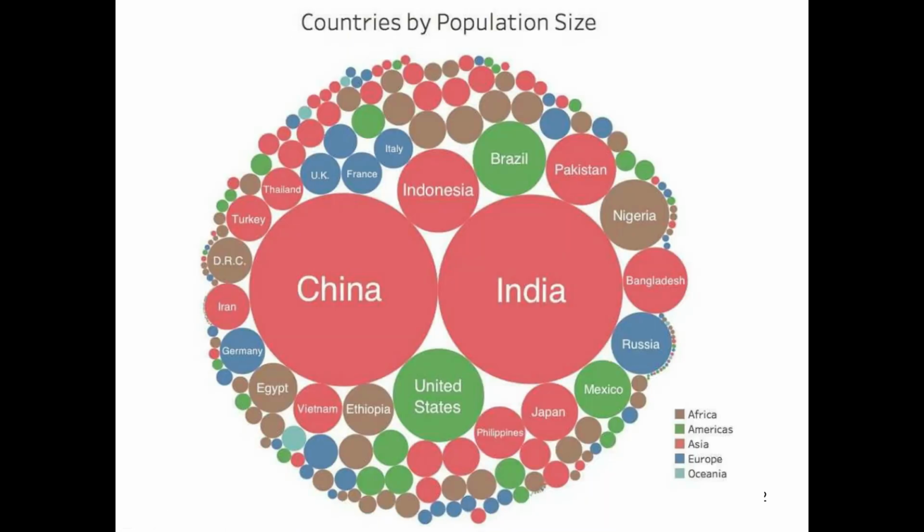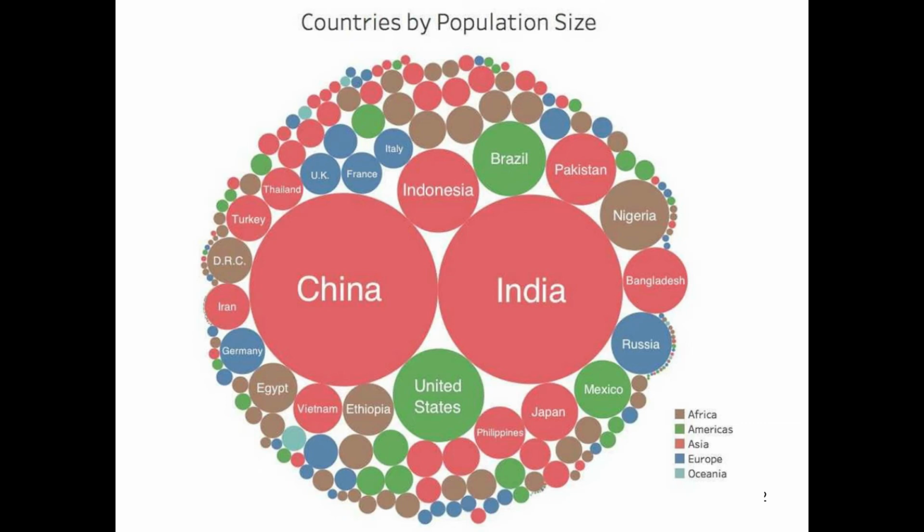Next, now just see countries by population size. In the whole world, if I go on presenting in a mathematical tabular format, it will be a hell of a job. And here there are two big competitors, China and India. Both are trying to compete as far as the population is concerned. But Indonesia, Brazil, United States, Pakistan, Bangladesh, Nigeria, they are also in a race to compete with us.